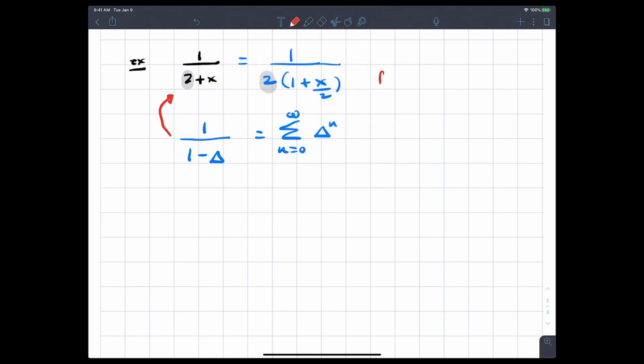I'm going to write that down. Factor out that leading term. So notice if I multiply and distribute, I get the same 2 plus x. Okay. So this is now 1/2 times 1 over 1 plus this x over 2.